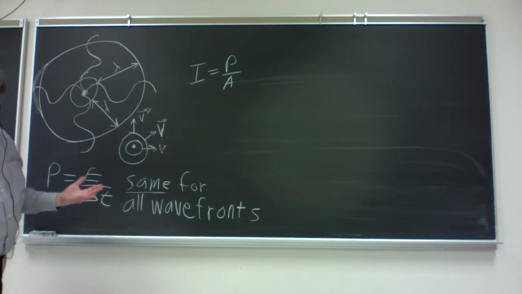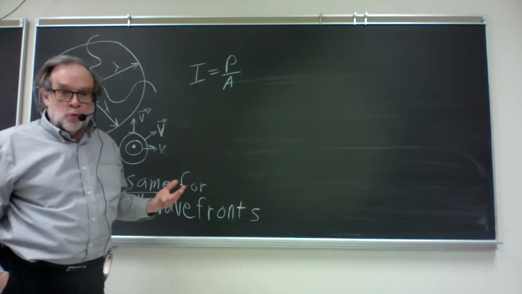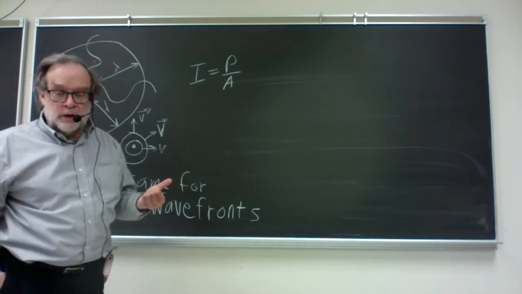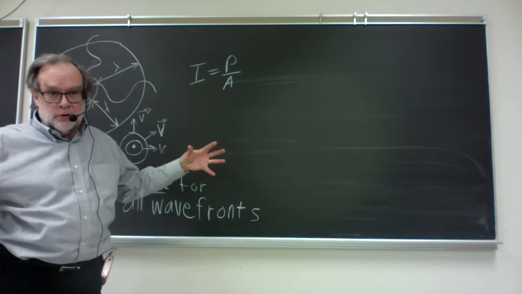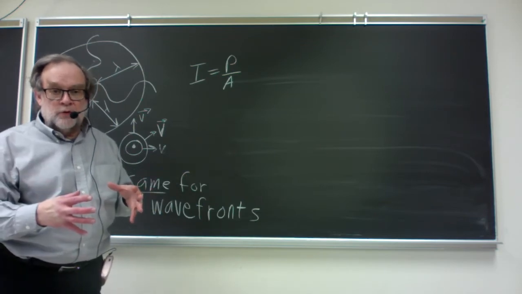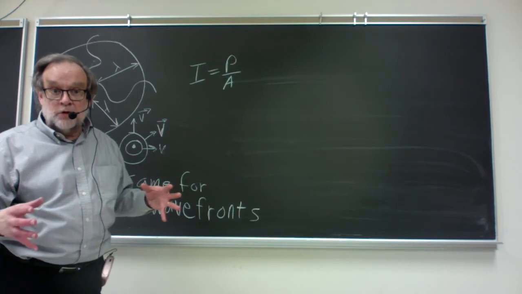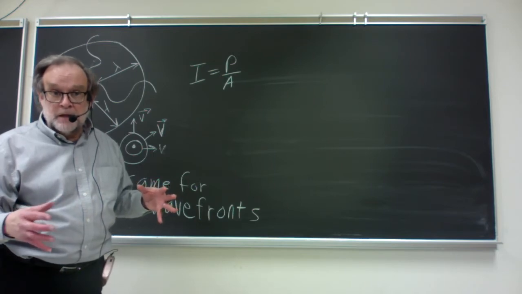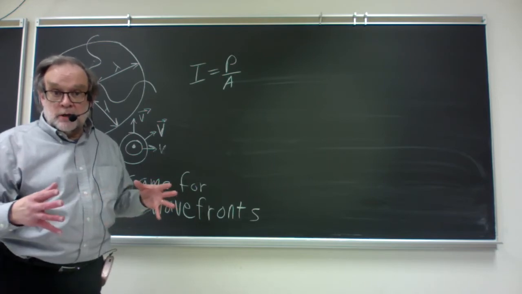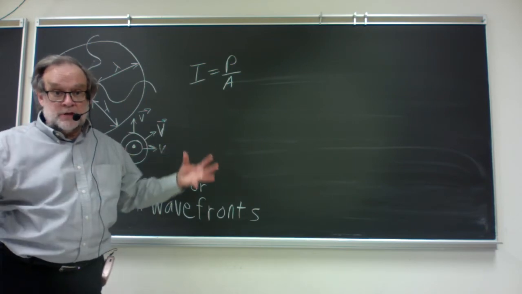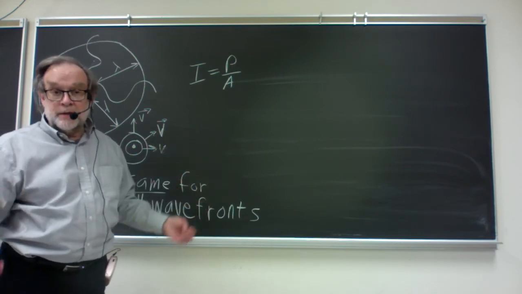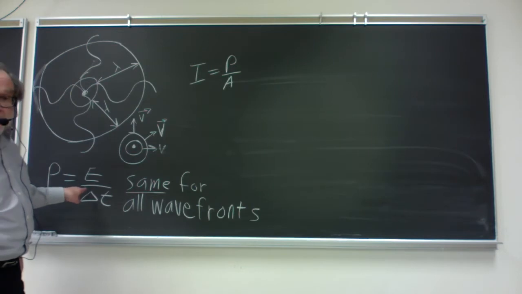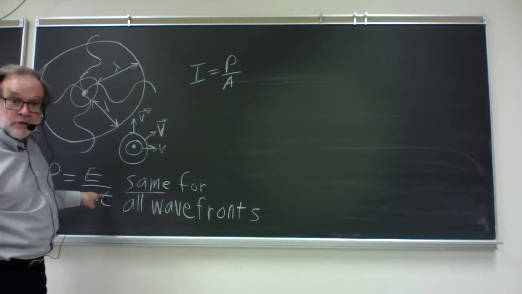So whatever sphere we're talking about, no matter how large or how small, the wavefront is always carrying the same amount of energy at the same speed. The same amount of energy passes through every sphere, no matter what its radius, at the same speed. So the power is the same everywhere.